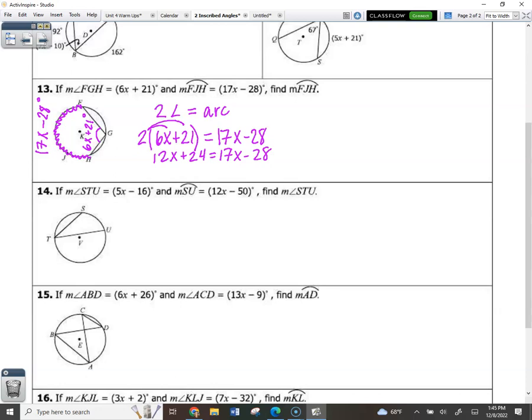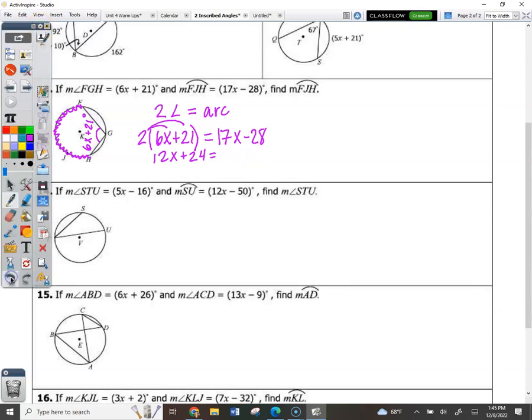Don't get it? What do you mean you don't get it? You have to understand something that I'm doing. You can't not know a single thing.